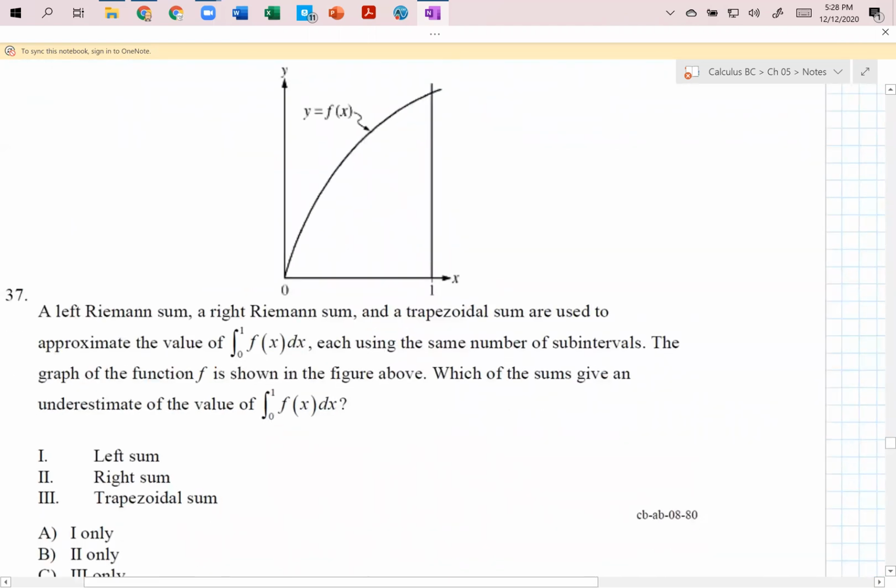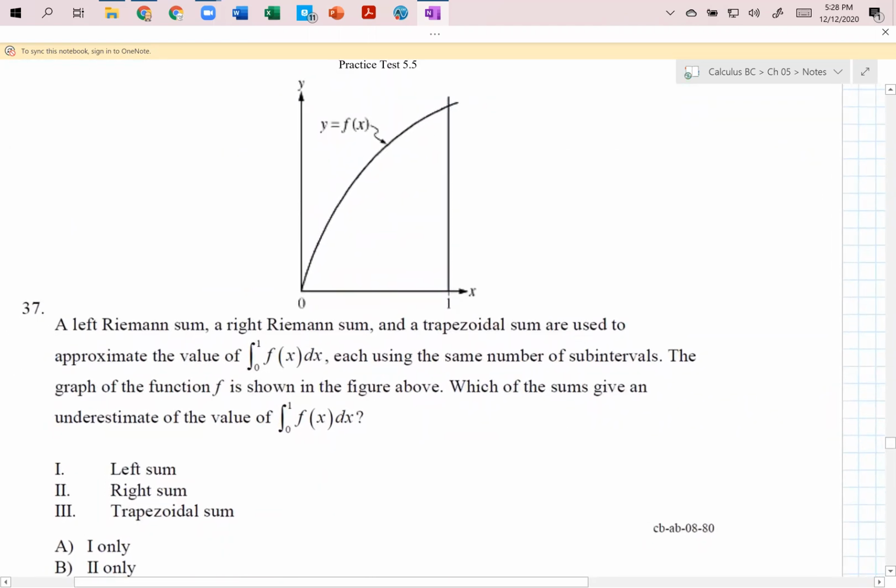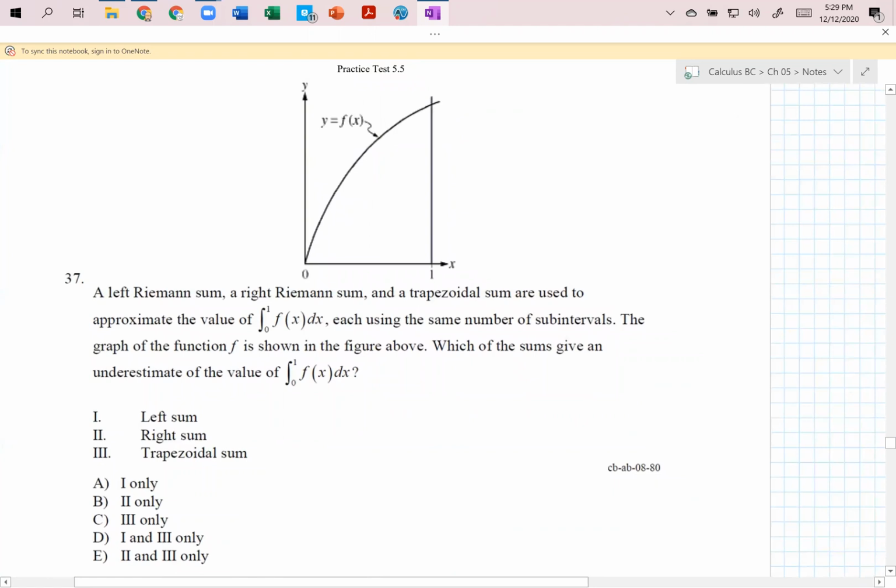Problem number 37. I've got this area of the curve, the left Riemann sum, the right Riemann sum, and the trapezoidal sum are used to approximate that function over that interval using the same number of subintervals. Graph of the function is shown above. Which of the sums given underestimate?